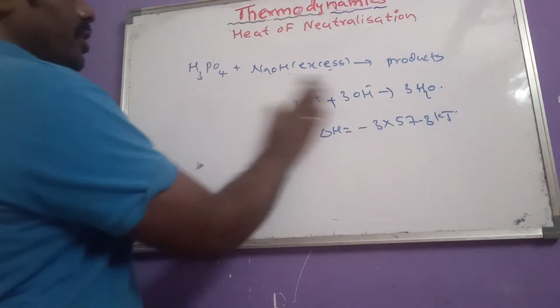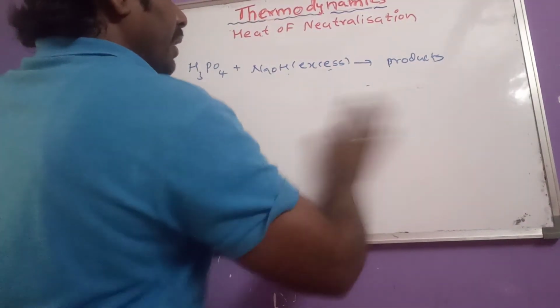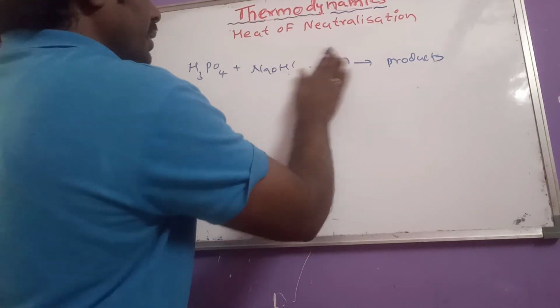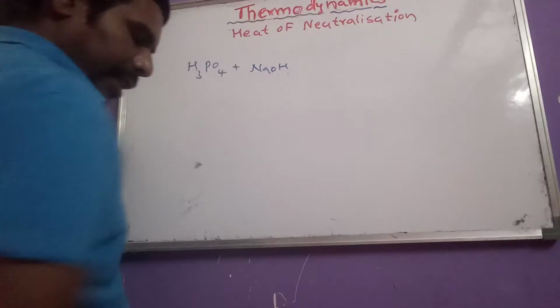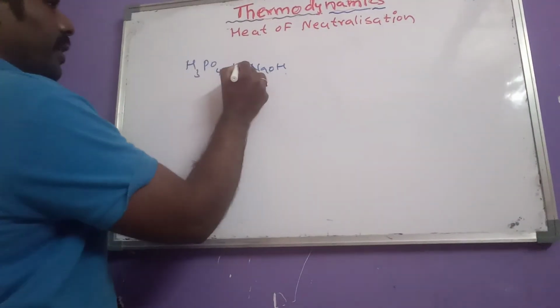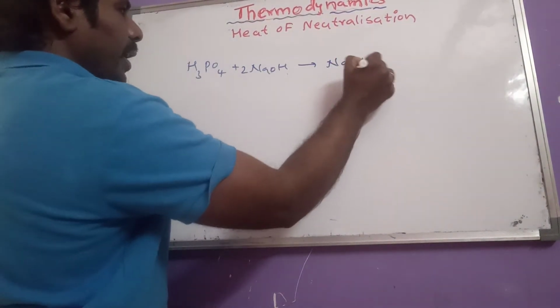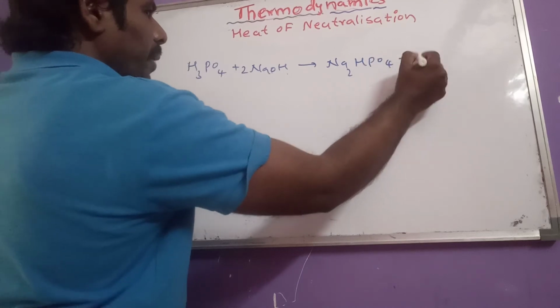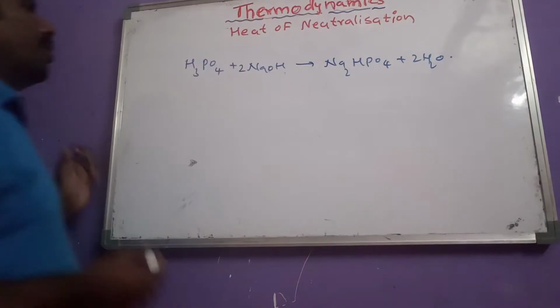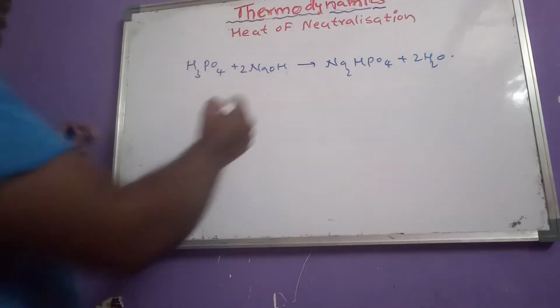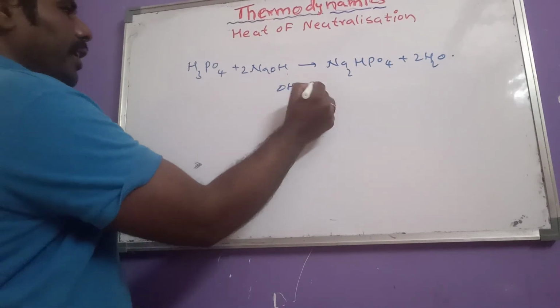And the same question they may give in another type. See here, what is another type of question? They have given H3PO4 plus 2NaOH gives Na2HPO4 plus 2H2O. But here we have to find the delta H value.